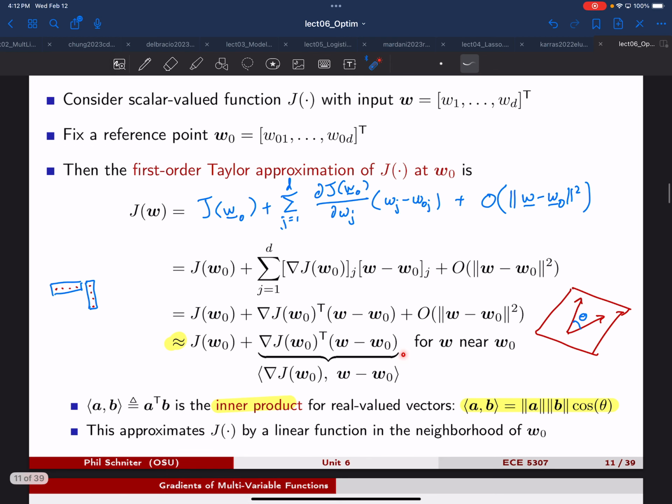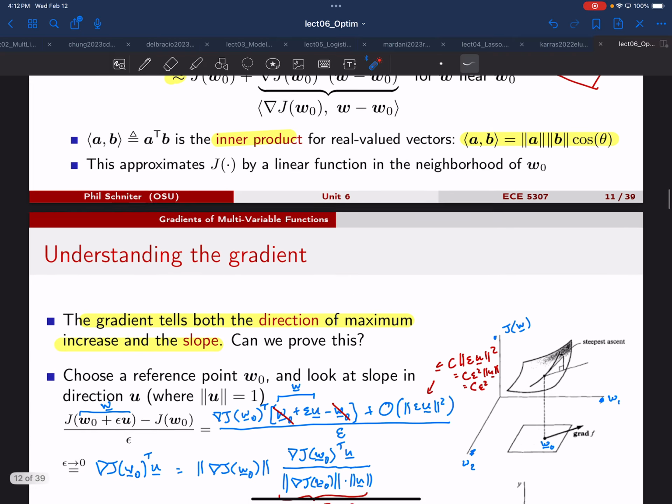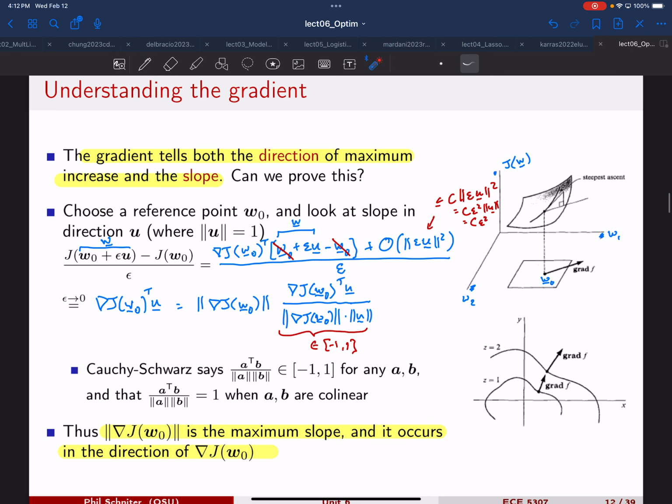We saw that we can write that middle term as the inner product between the gradient and the deviation from the reference. And then we used that to prove a couple things about the gradient that we said earlier, which is that the gradient tells us both the direction of maximum increase at a given point, as well as the slope of that increase.